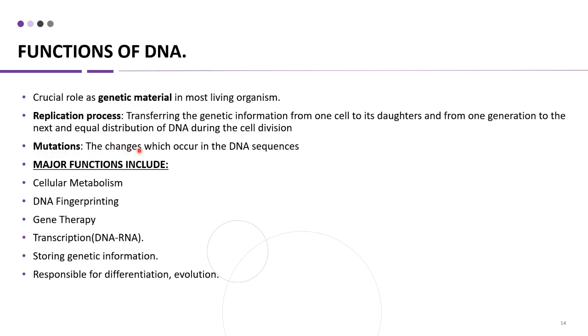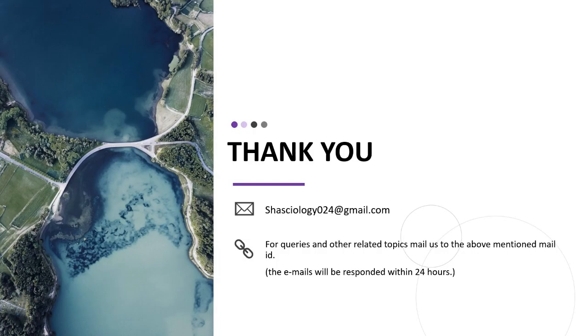Mutations, the changes which occur in the DNA sequence, are referred to as mutations. Major functions of the DNA also include cellular metabolism, DNA fingerprinting, gene therapy, transcription, which is the transfer of DNA to RNA, and storing genetic information. So the DNA is responsible for differentiation and evolution.